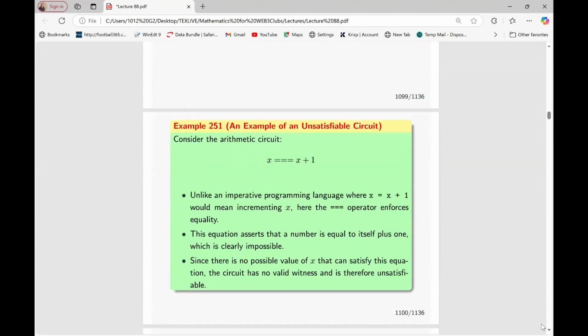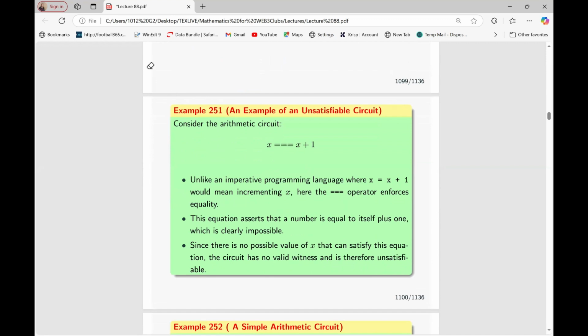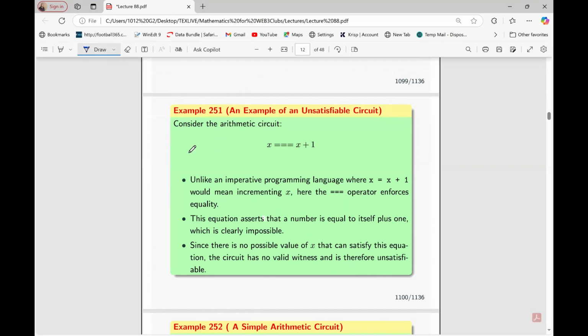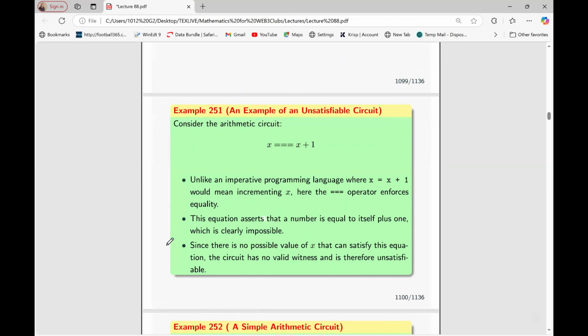Let's look at this circuit. And on this circuit, I just want to emphasize this equality. So what is the role of the equality sign? You see, in normal Rust, whenever you write x equals x plus 1, how it's interpreted is that x has been incremented. So x has become x plus 1.